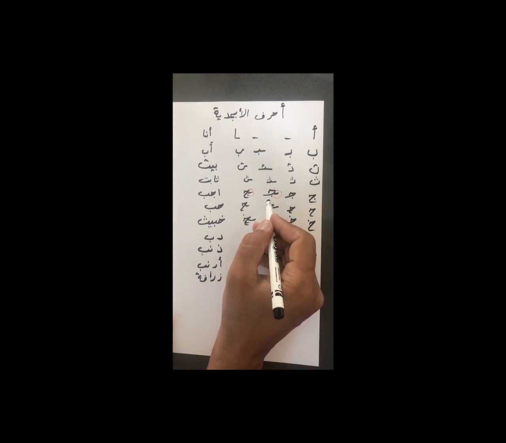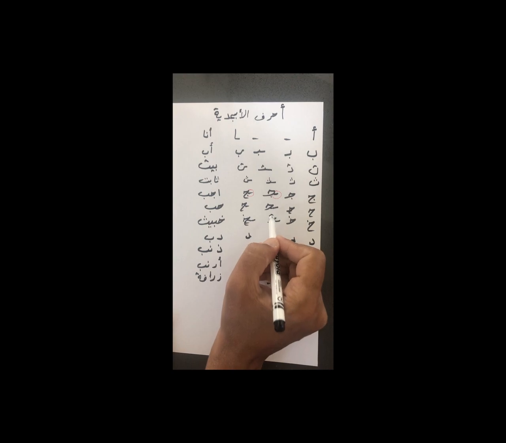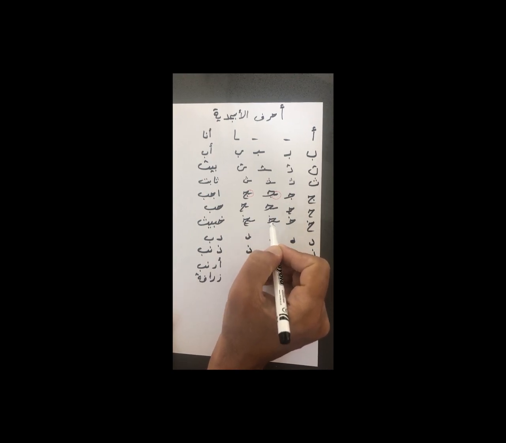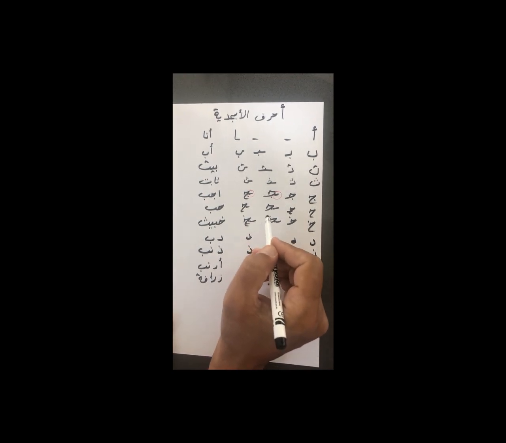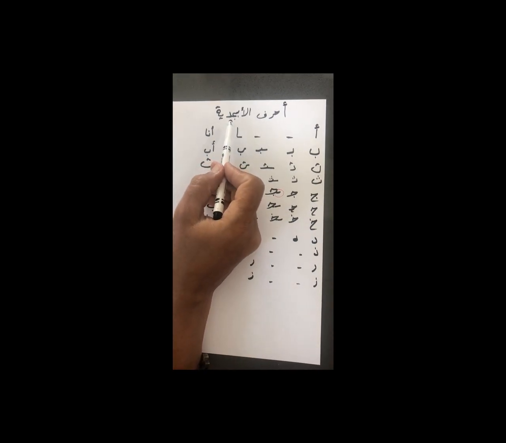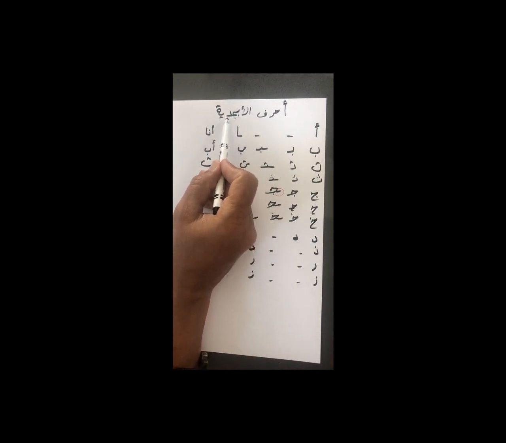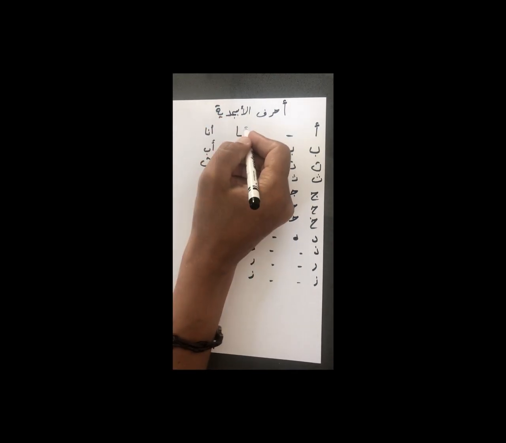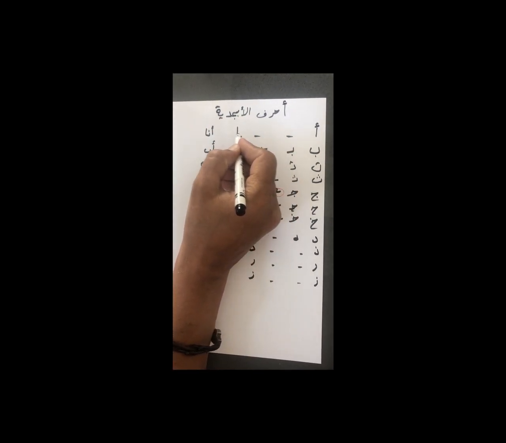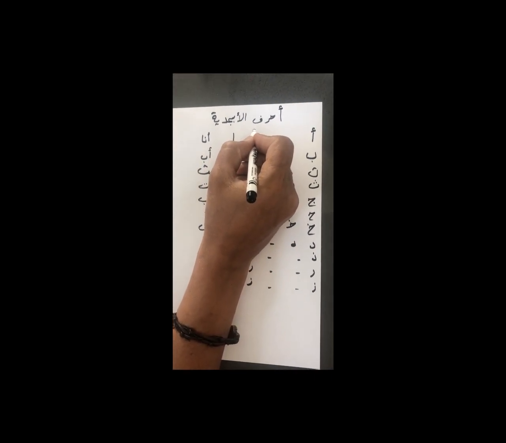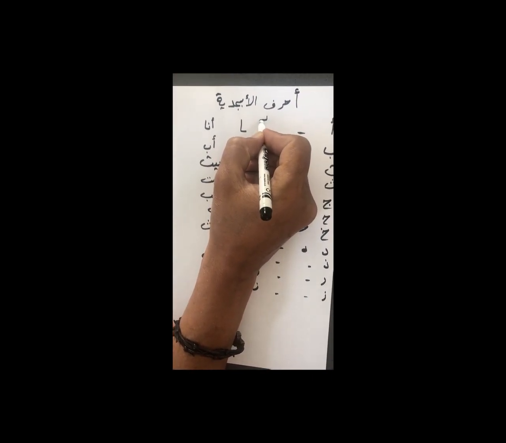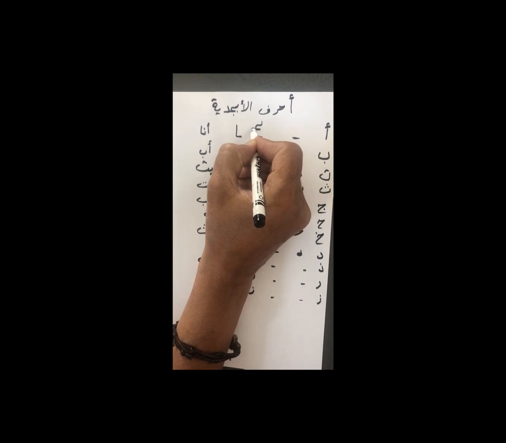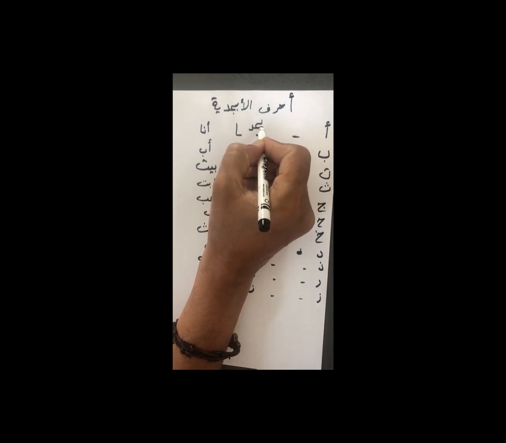Sometimes you will find the Jim or the Ha written differently in the middle of the word by handwriting. You will find them like in al-abjadiyya. This is how you will find them written. You will turn it down like that, and keep going. So you write, let's say, Ba, turn the Jim, and you put the Dal.